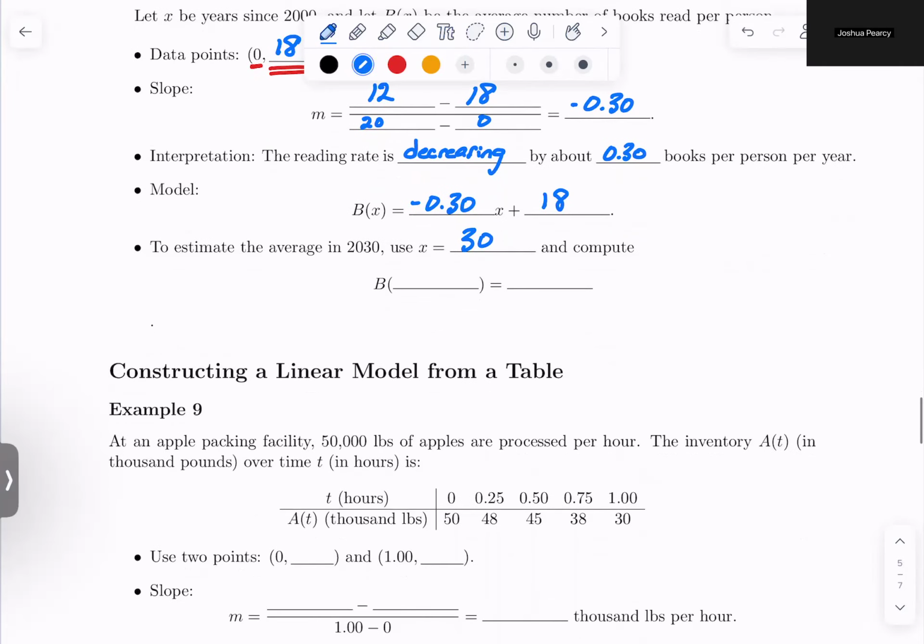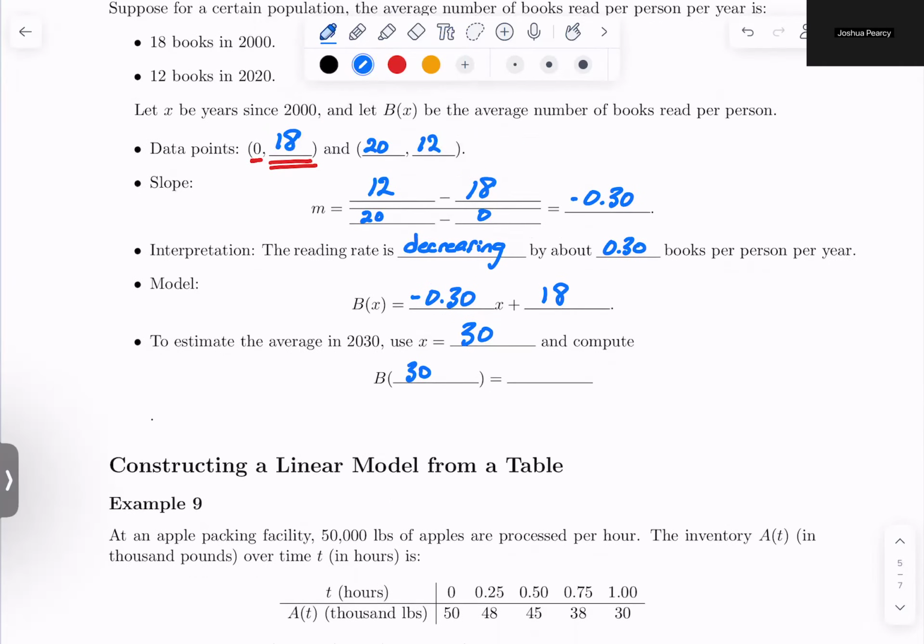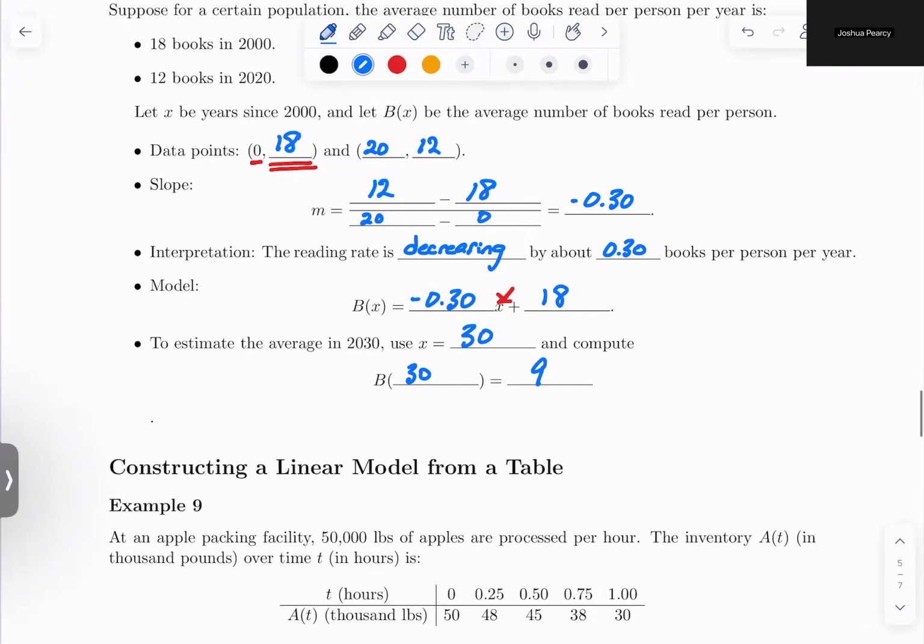So B of 30. So I just plug in 30 right here for X. And when you end up doing that, you'll get 9. So that means in the year 2030, the estimated number of books a person is going to read per year is 9.